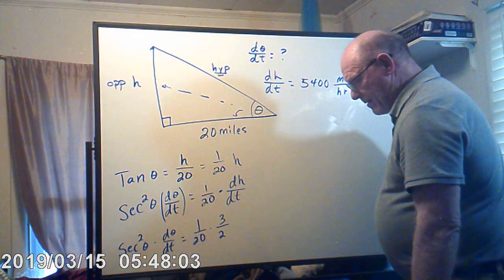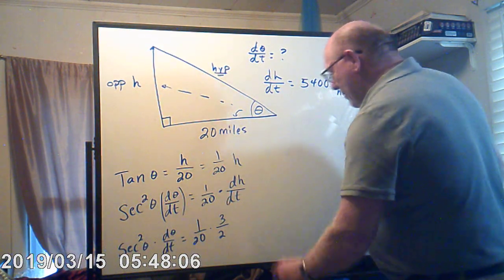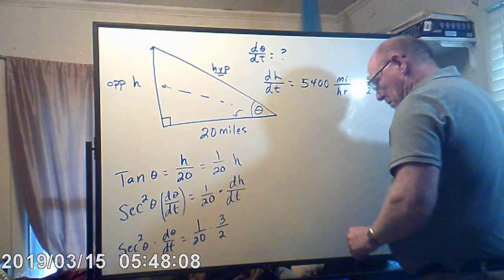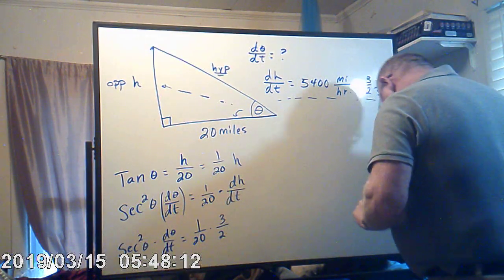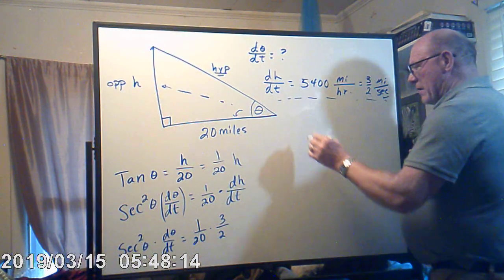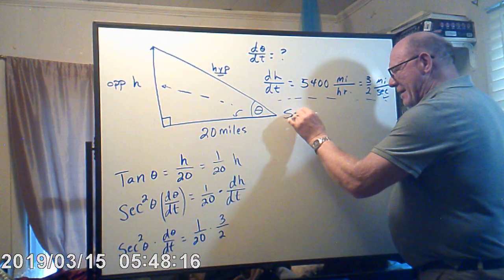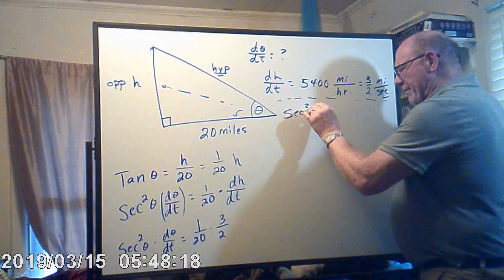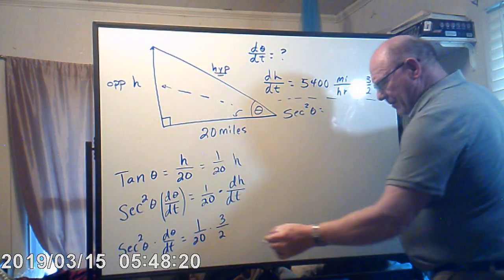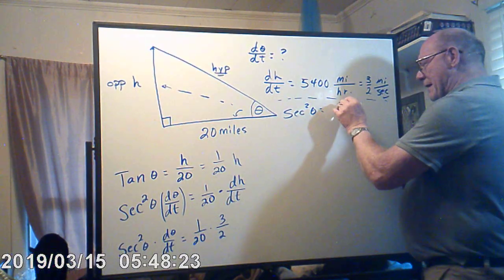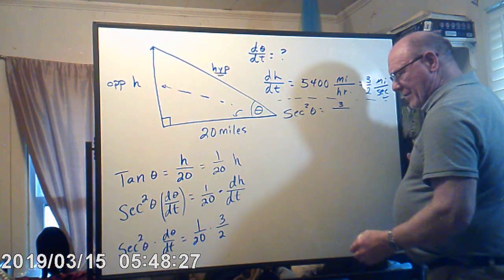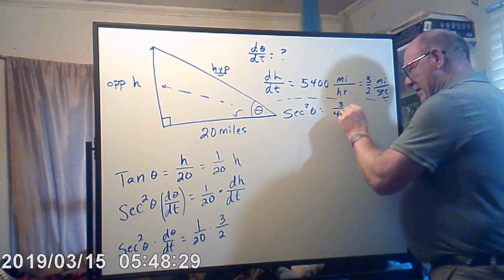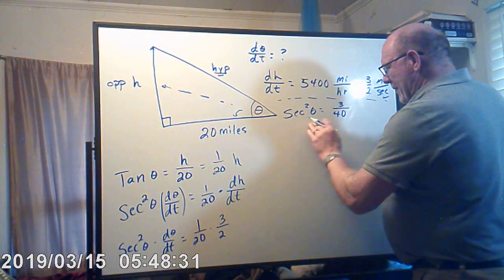Alright. And so what we have here, let's divide it up here. So we're down to secant squared theta is equal to 1 times 3 is 3, and 20 times 2 is 40. Now, it would be nice if we could figure out something.